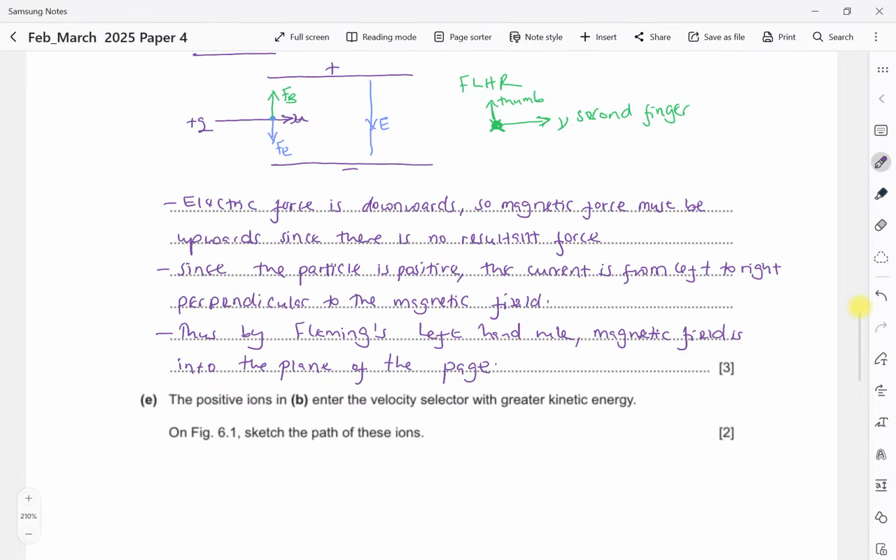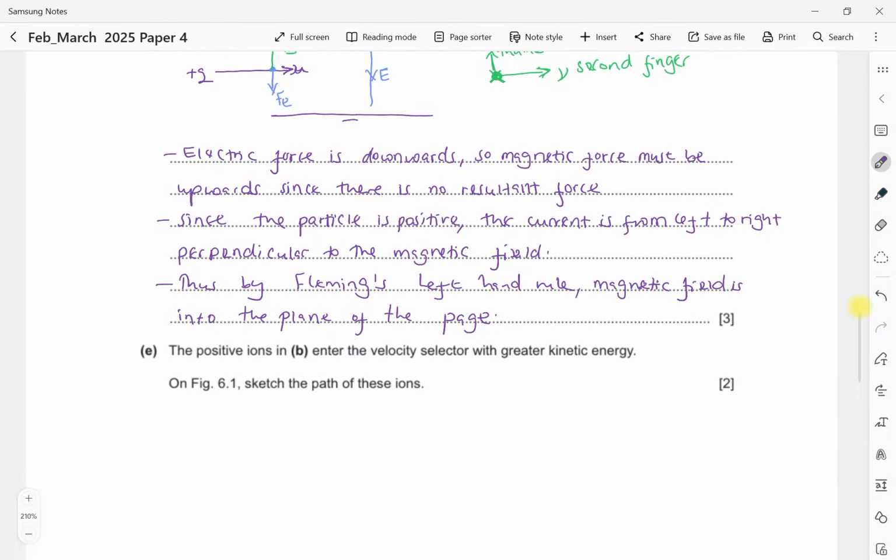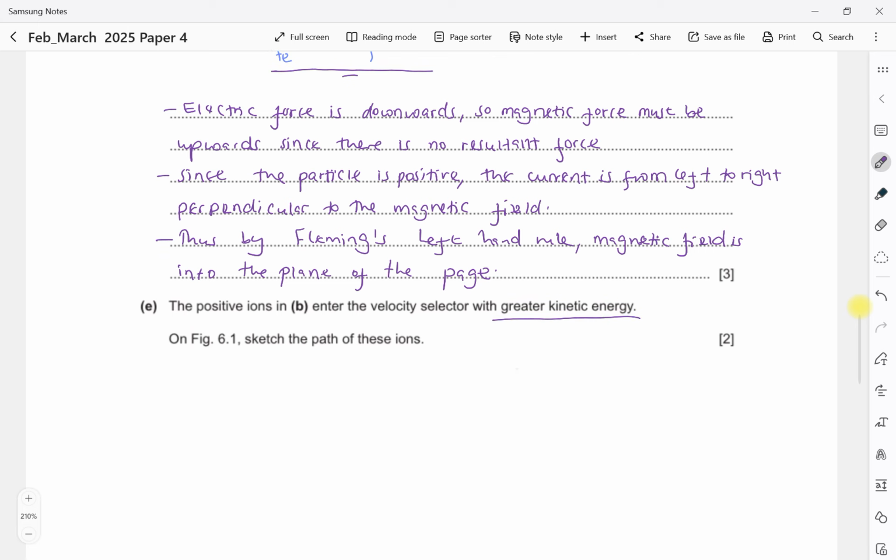Okay. Positive ions in B enter the velocity selector with a greater kinetic energy. On the figure, sketch the path of the ions. So they are saying these ones enter the velocity selector with a greater kinetic energy. And of course, we know that kinetic energy is directly proportional to the speed squared.